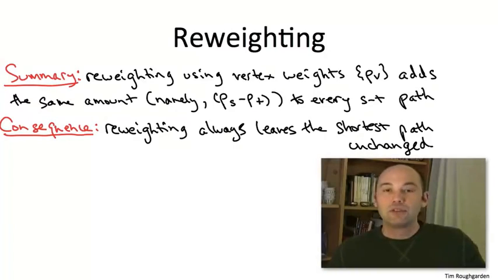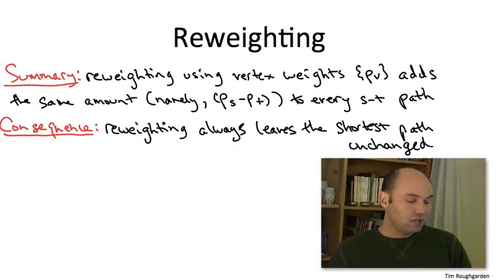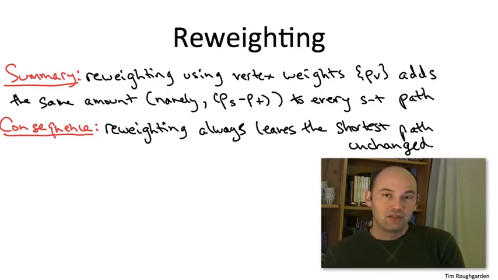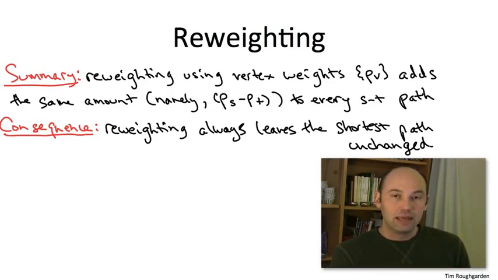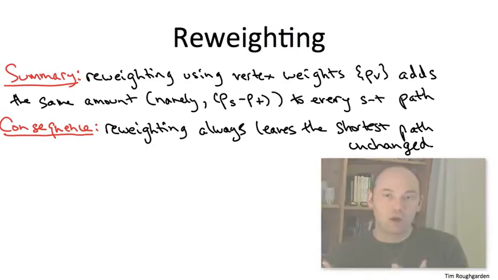So what? Why is this interesting? Well, let's dream big. Suppose we could actually come up with vertex weights that transformed the problem into one that we don't know how to solve blazingly fast into one that we do know how to solve blazingly fast. That is, what if we can find vertex weights that change an arbitrary instance that in general has negative edge lengths into a shortest path problem where all of the edge lengths are now non-negative?